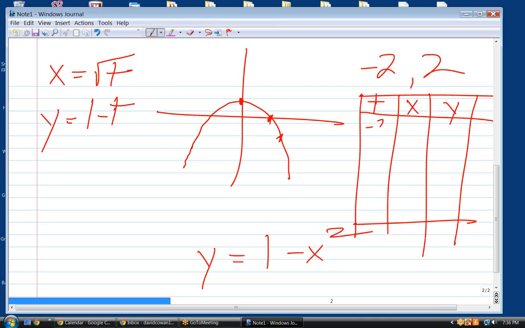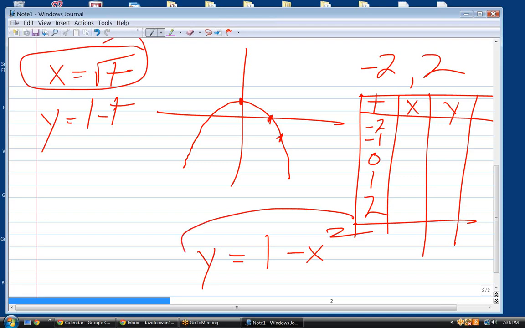And generally, I'd go -2, -1, 0, 1, 2. But they've thrown me a bit of a curve here by making t go from -2, because it seems to me like that violates this domain all day long. So we don't have any restriction on domain once we've removed the parameter. We can draw it completely.